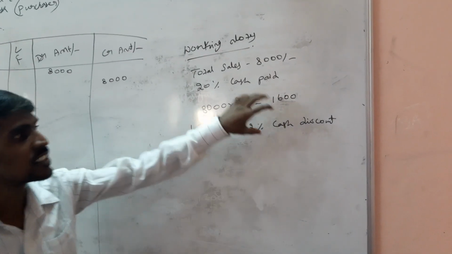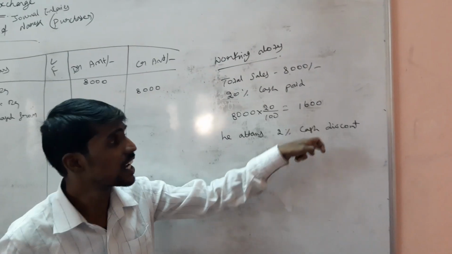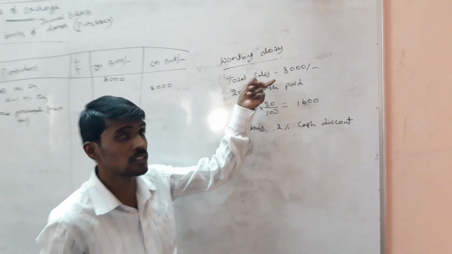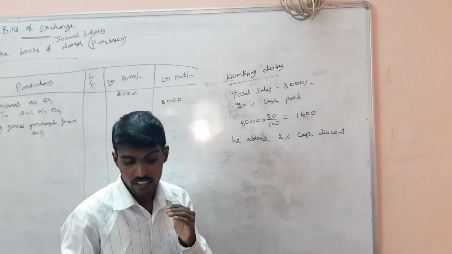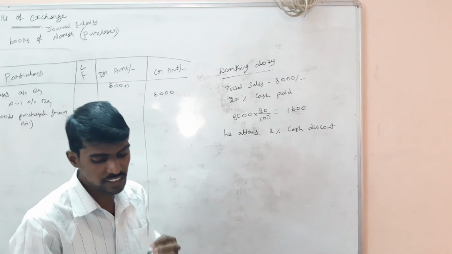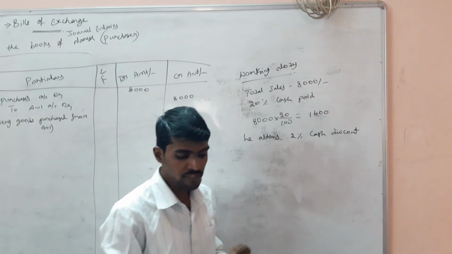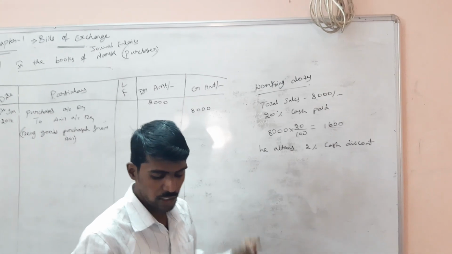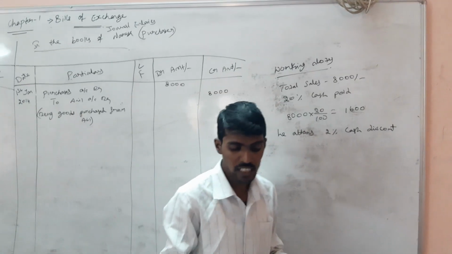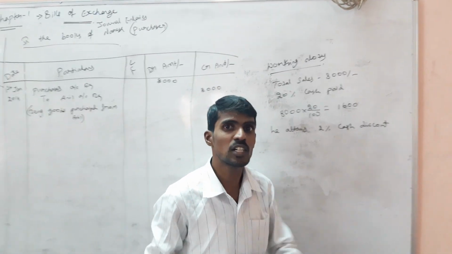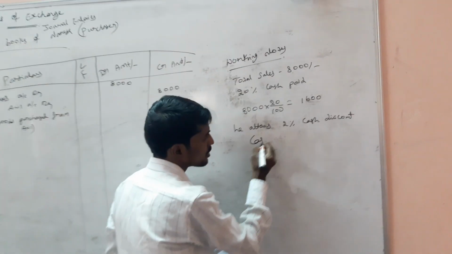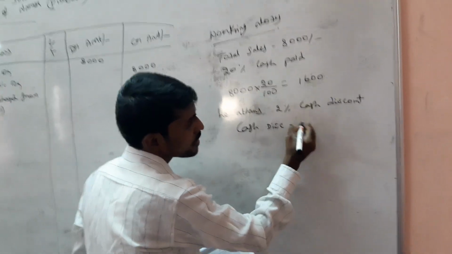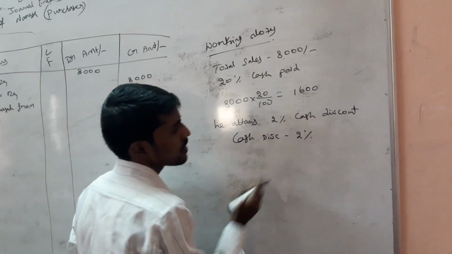Cash discount means the discount we give on sales for the cash he is paying. Here Naresh paid 20% cash immediately after deducting cash discount of 2%. What is the cash discount? Cash discount is 2%.